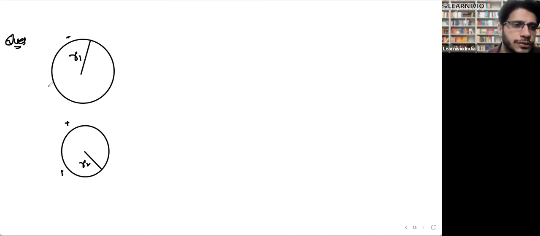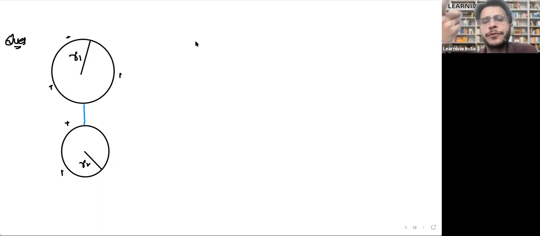So you have two spheres, one of radius R1, another of radius R2. You connect these two spheres. Abdullah, what happens when you connect two spheres? Consider these spheres like conductors. Charge flows from the sphere at higher potential to the sphere at lower potential until they acquire the same potential.